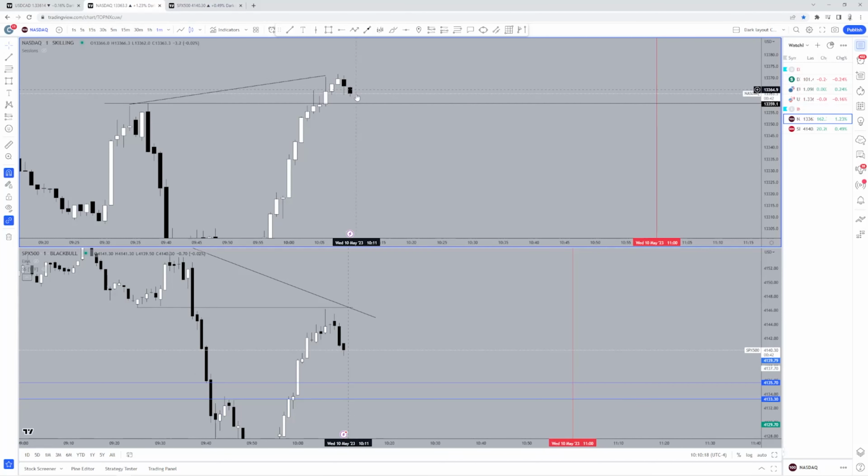Structure has not been formed yet. I see very strong bearish pressure. By the way, on the MT4 platform we have tapped onto the breaker block.